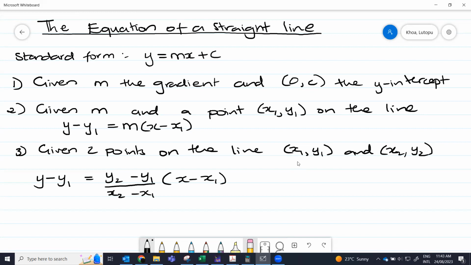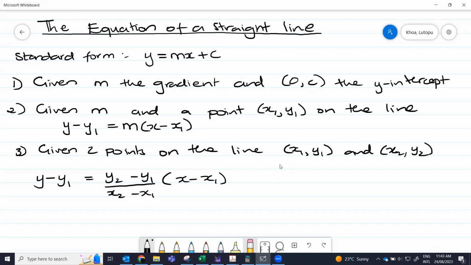So this is the formula that you can use if you are just given 2 points. And this, you will see, is the equation of the gradient. So if you have 2 points, you can work out the gradient and then basically just use the one-point gradient formula. You get the exact same thing.